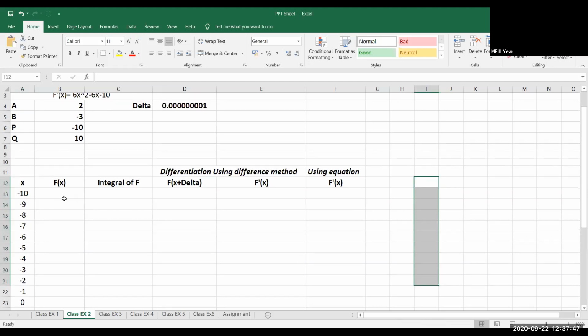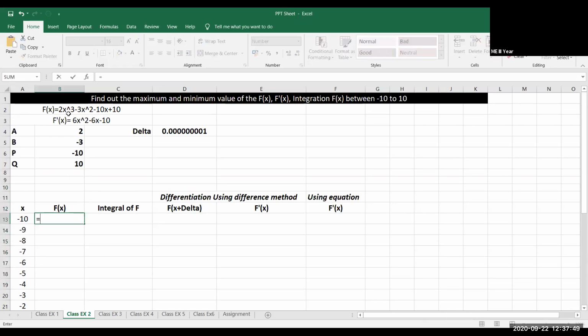Now we have to find our function value. So what is our function? 2x to the power 3 minus 3x to the power 2 minus 10x plus 10. This is our function, so the same thing we will enter here. 2 into, the sign means multiplication, and x is nothing but our cell value, to the power 3.